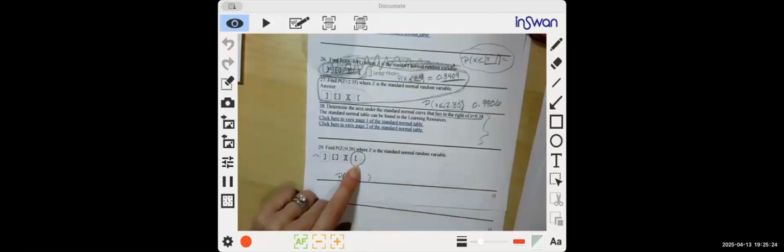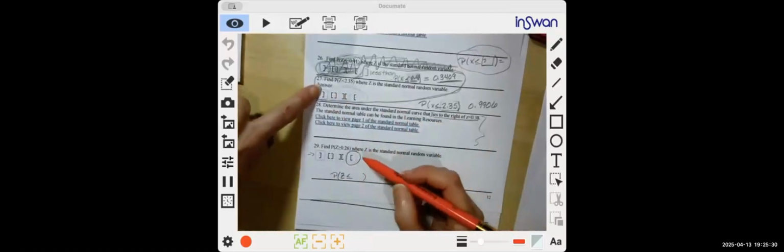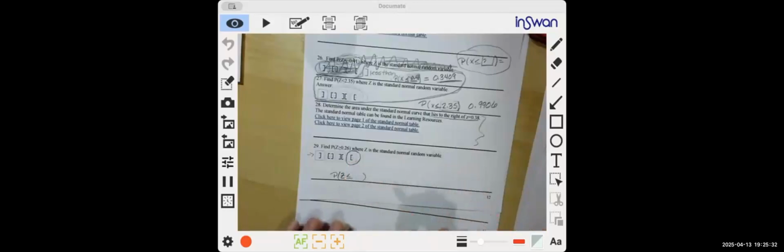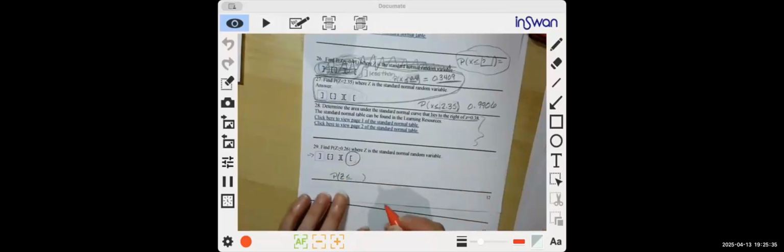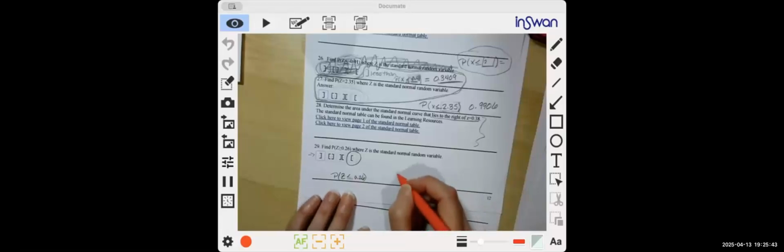So greater than is farther to the right, use that one. Less than, farther to the left. Greater than, use the one to the right. And you just type in that 0.26, and you'll get 0.3974.